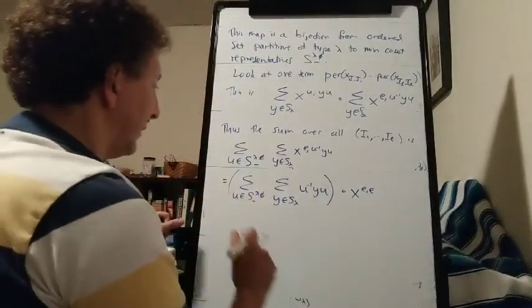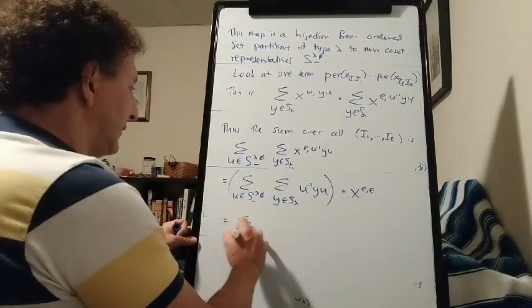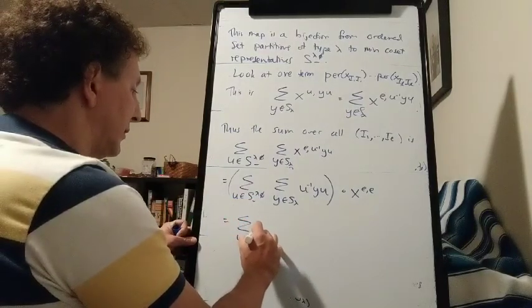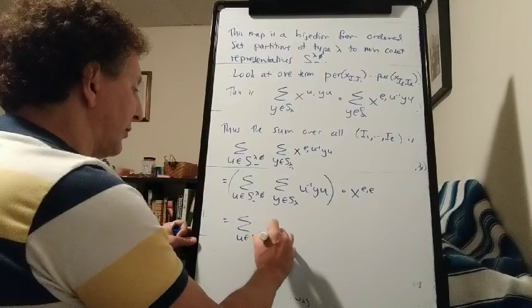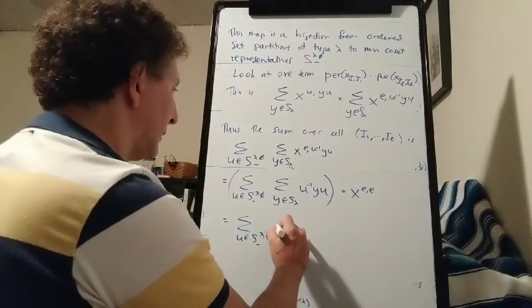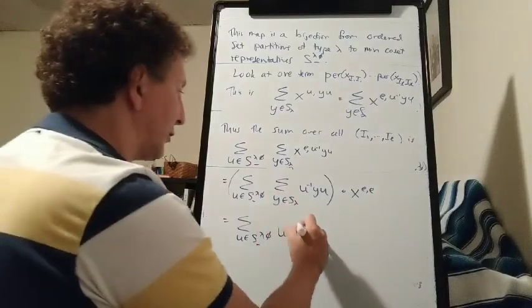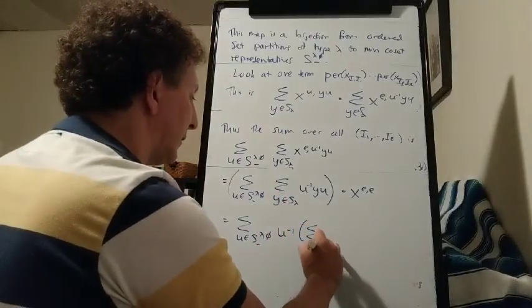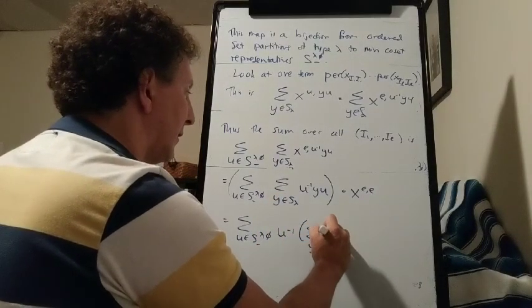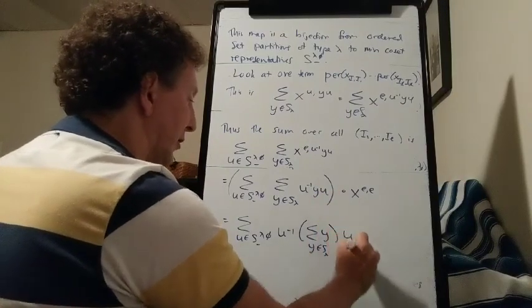Now let's rewrite this sum as u varies over the minimum coset representatives. We can pull this out because it has nothing to do with y in the Young subgroup, and then we can pull the other u out also.